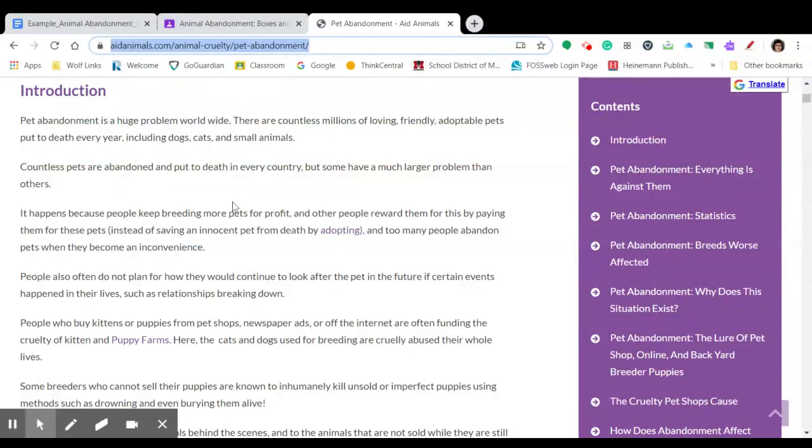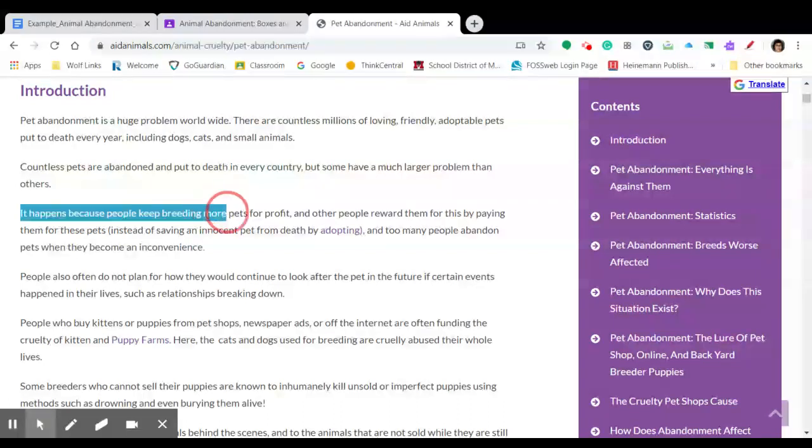Then the big thing they're talking about, though, are the animals that are put to death because of pet abandonment. Right here, too many people abandon pets when they become an inconvenience. So what we have here is, it happens because people keep breeding more pets for profit.